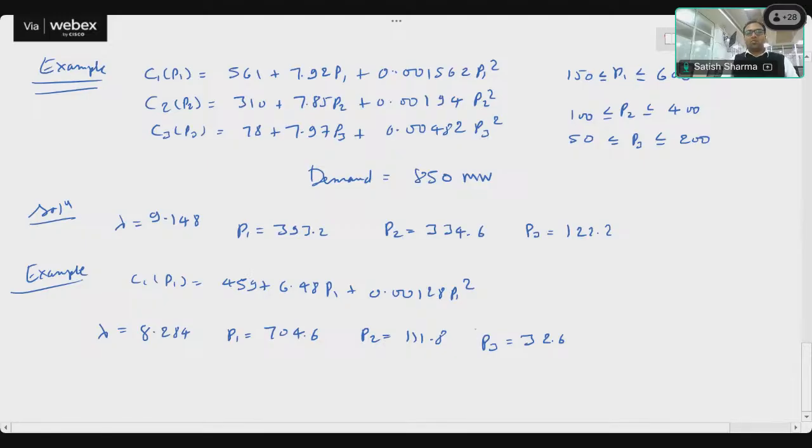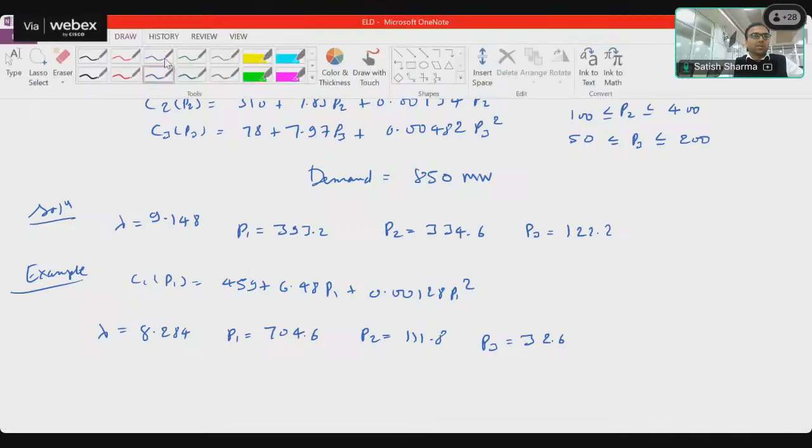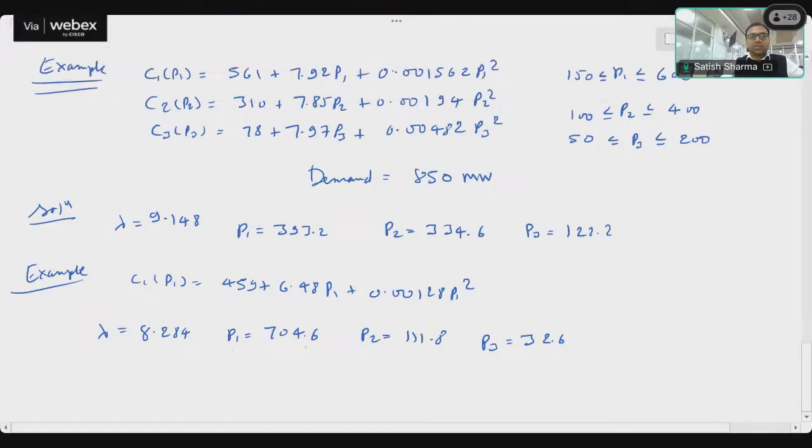Now, if you look at the limits, the first generator has a maximum limit of 600, so this has been clearly violated. The second generator has 100 to 400, so this is fine. And the third generator has a minimum of 50, so it is less than 50. P1 should have been less than 600, and P3 should have been more than 50, but no, the answers are different.